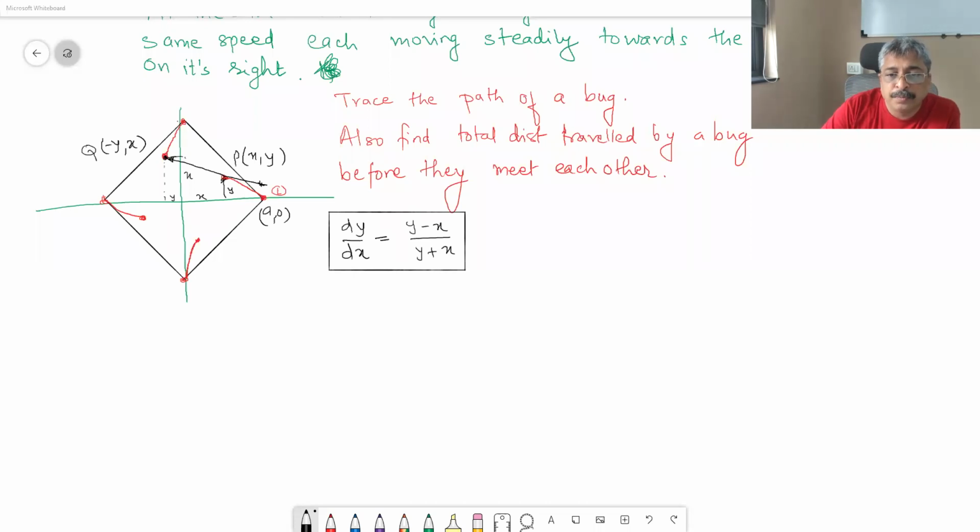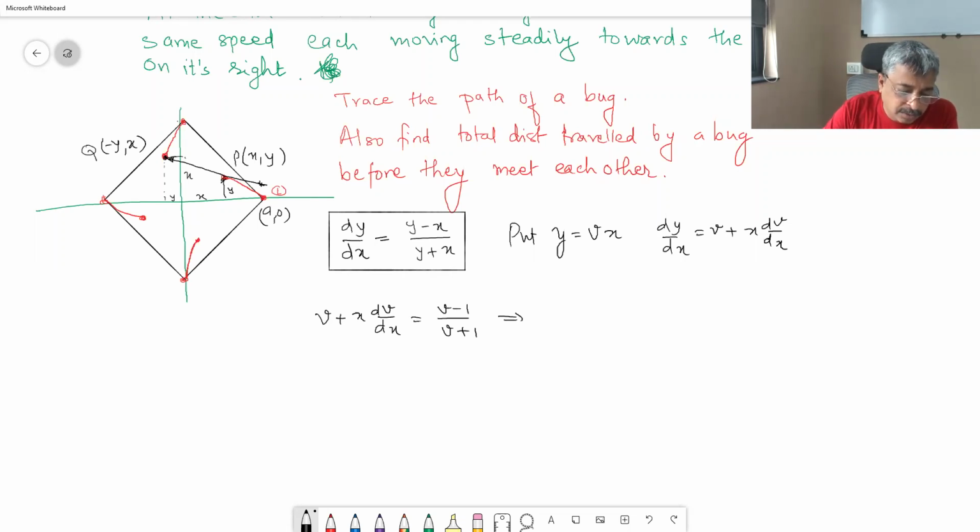Put y is equal to Vx because it is homogeneous, and therefore dy by dx is equal to V plus x dv by dx. Okay, so dy by dx is V plus x dv by dx is equal to V minus 1 upon V plus 1.